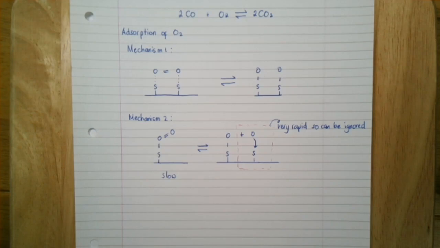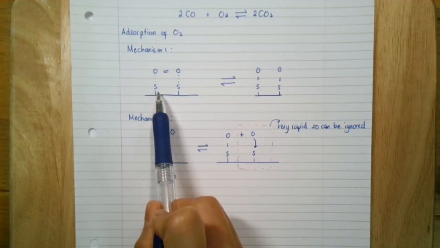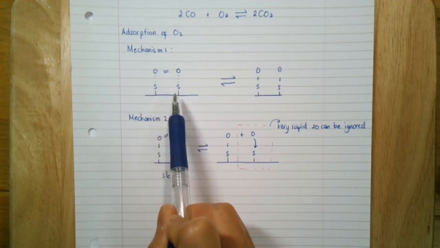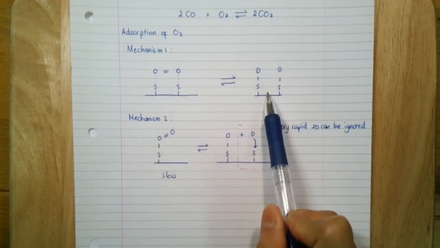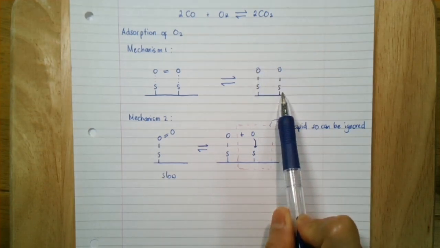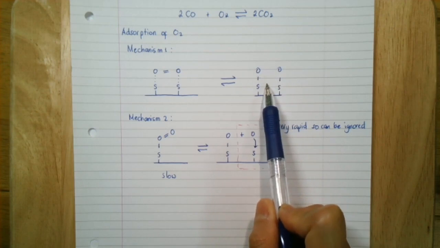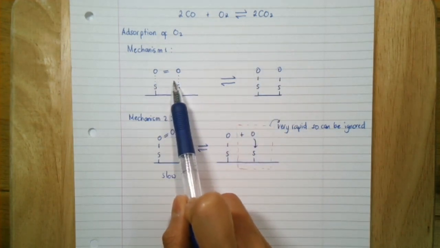In the first mechanism, O2 binds to two active sites and then dissociates rapidly. It is a reversible reaction, so if there are two OS close to each other, then the O atoms can recombine to form O2.